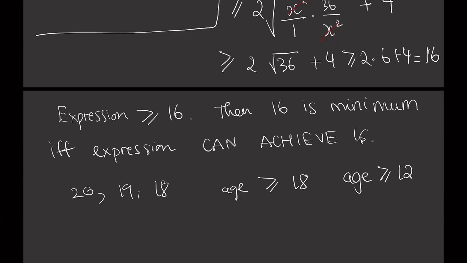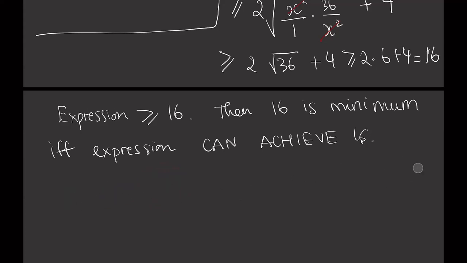Both is correct. However, 12 is not the minimum age in the group of your friend because no one here has age 12. However, 18 is a minimum because there is someone who is 18 years old.